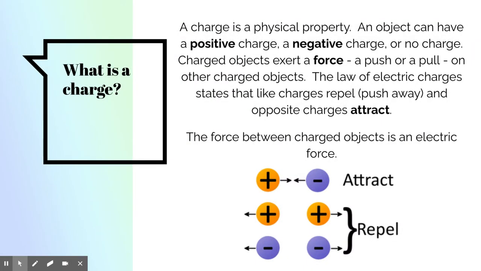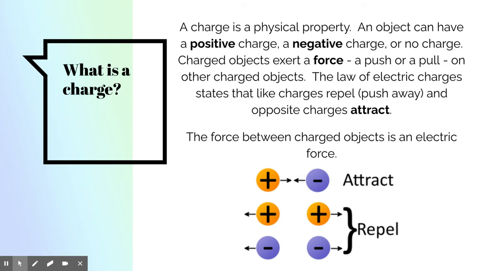All right, so a charge is considered to be a physical property. It can change within an object pretty easily. And an object can either have a positive charge, a negative charge, or no charge at all. And it really depends on how many electrons or protons an object has in its atomic makeup.